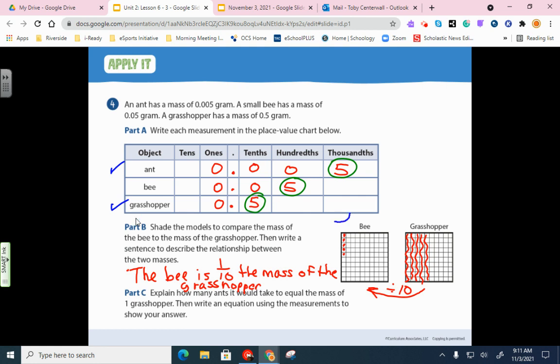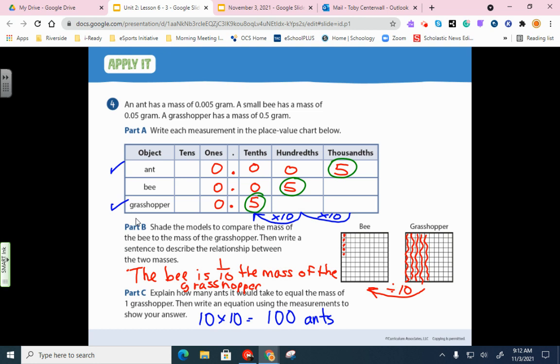So that 5 is 2 spots over. And remember, if we're going to larger place values, that's 10 times each. So 10 times 10 equals how many? 100 ants for every one grasshopper, because it's 100 times bigger.